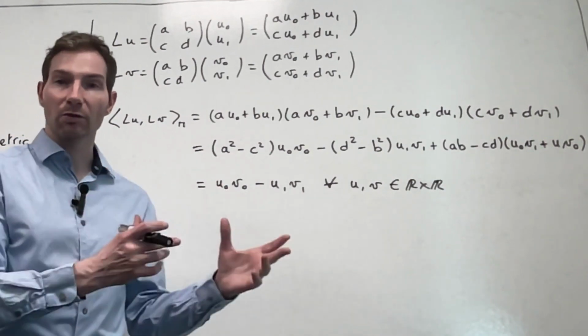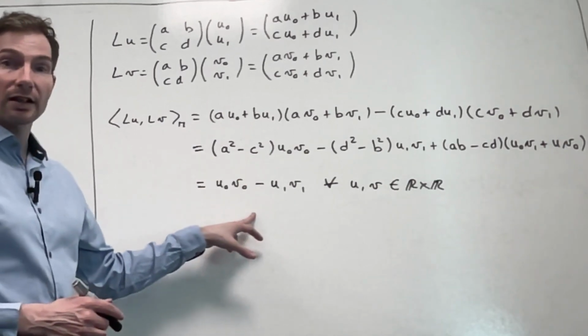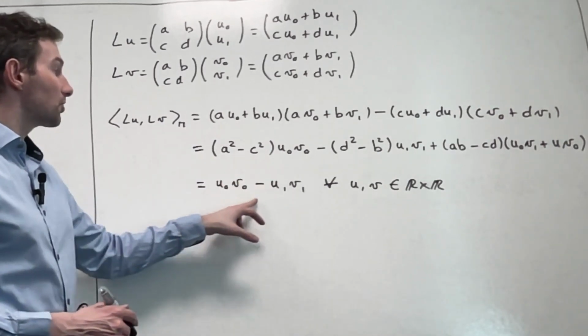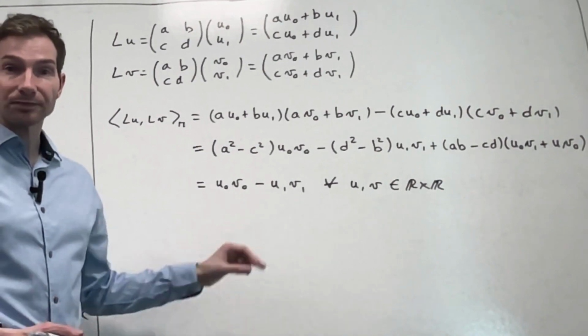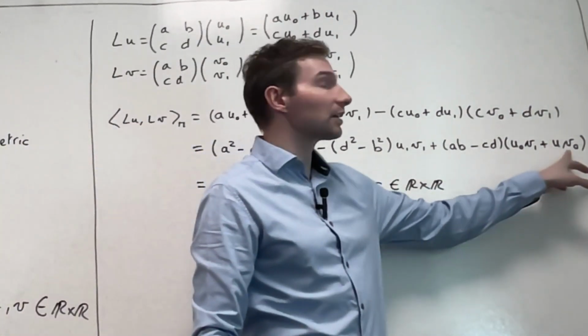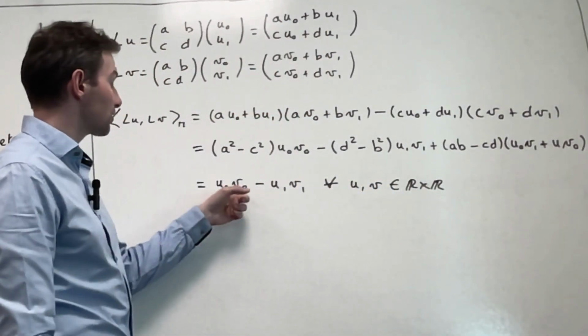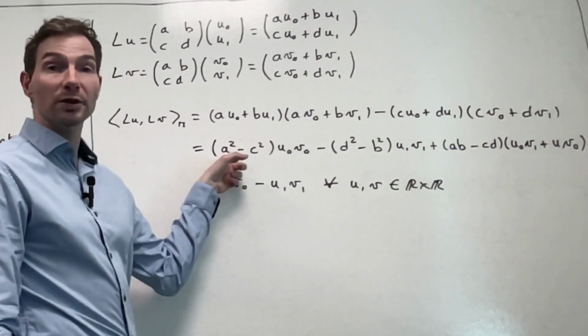And what I want is essentially to equate two vectors here, where I need to equate the components. So the component associated to the cross terms has to be 0, and the component associated to U naught V naught has to be 1.